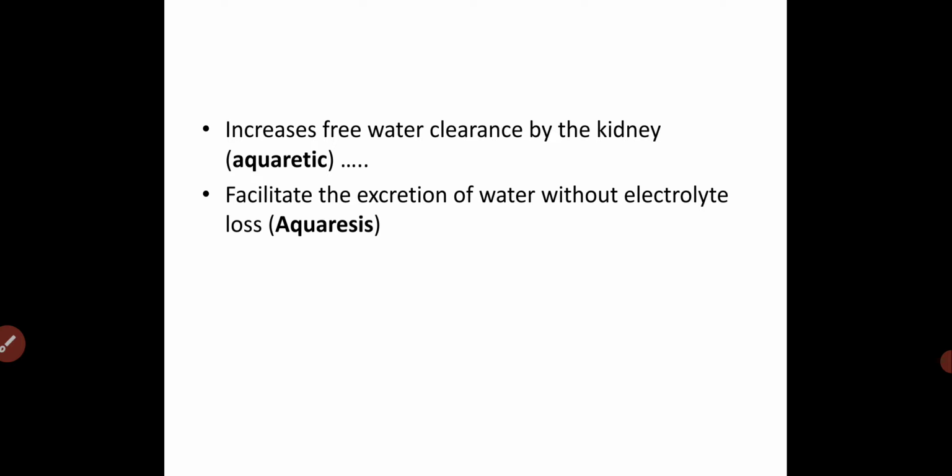Because they increase the free water clearance by the kidney. What is aquaresis? It facilitates the excretion of water without electrolyte loss. Diuretics increase the excretion of water with electrolyte loss, such as sodium loss, but here it is aquaresis, not diuresis, so there is no loss of sodium. That is why it is called aquaresis or aquaretic, increasing free water clearance by the kidney.